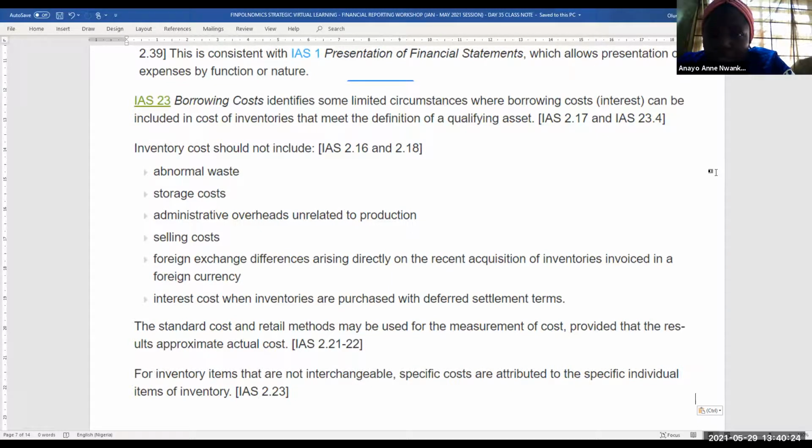The standard cost and retail methods may be used for the measurement of cost, provided that the results approximate actual cost. Reference to IAS 2 paragraph 21 to 22. For inventory items that are not interchangeable, specific costs are attributable to the specific individual items of inventory, with reference to IAS 2 paragraph 24.